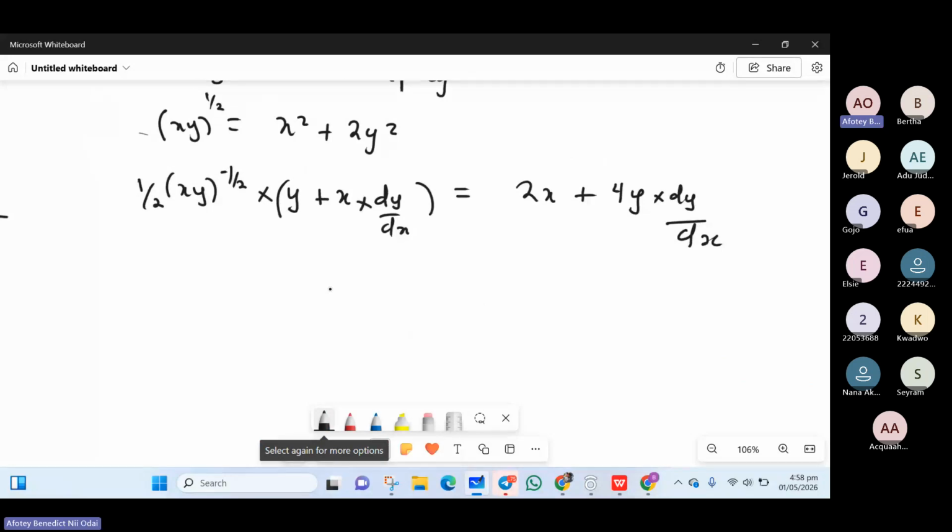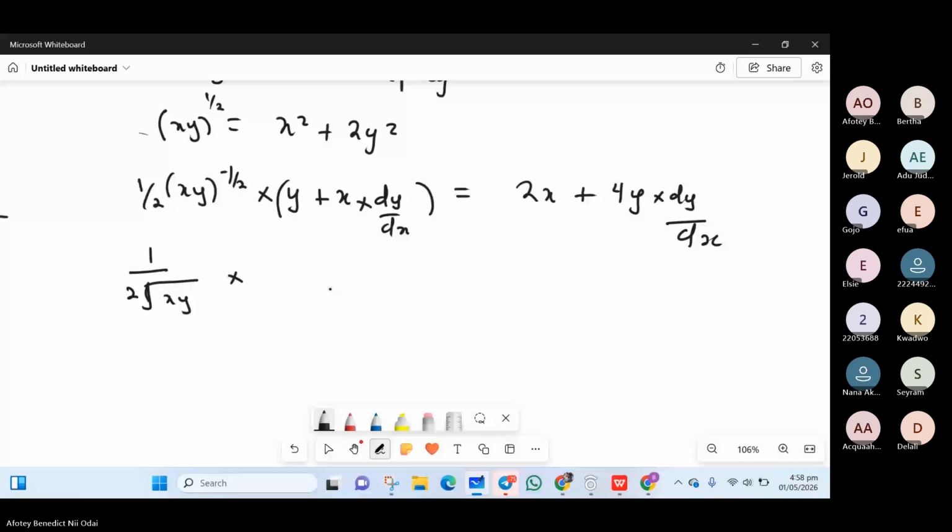So this gives us 1 on 2 the square root of xy times y plus x dy on dx, equals 2x plus 4y dy on dx.